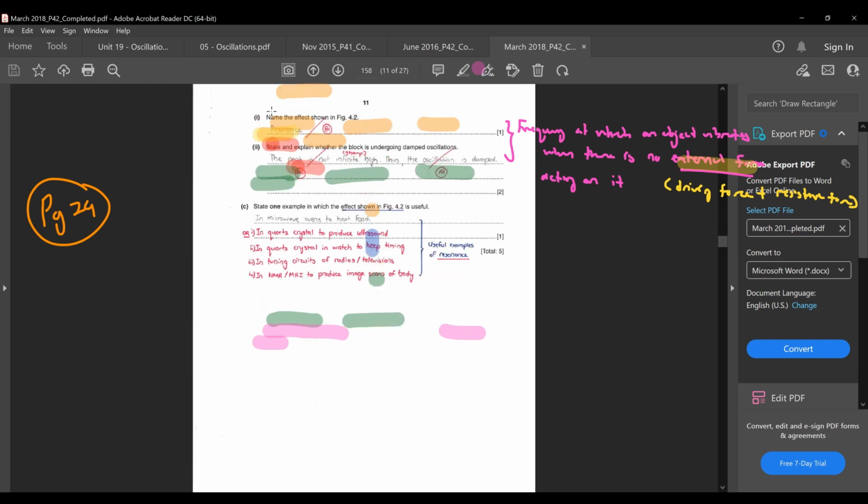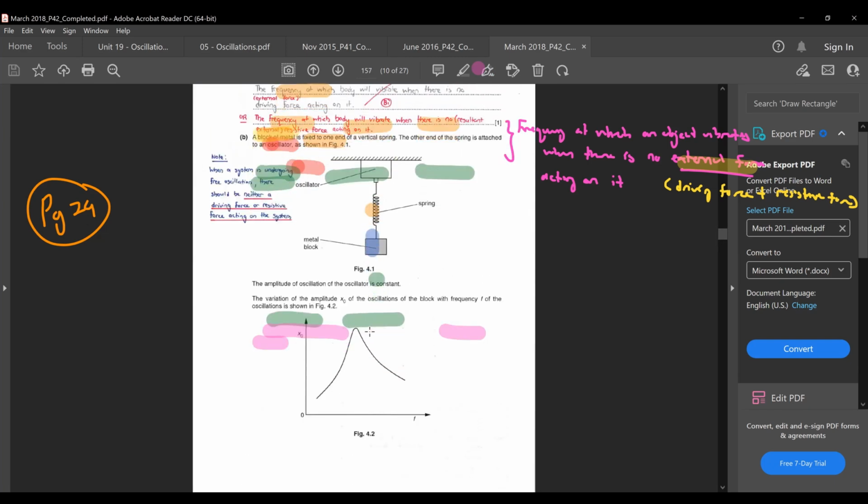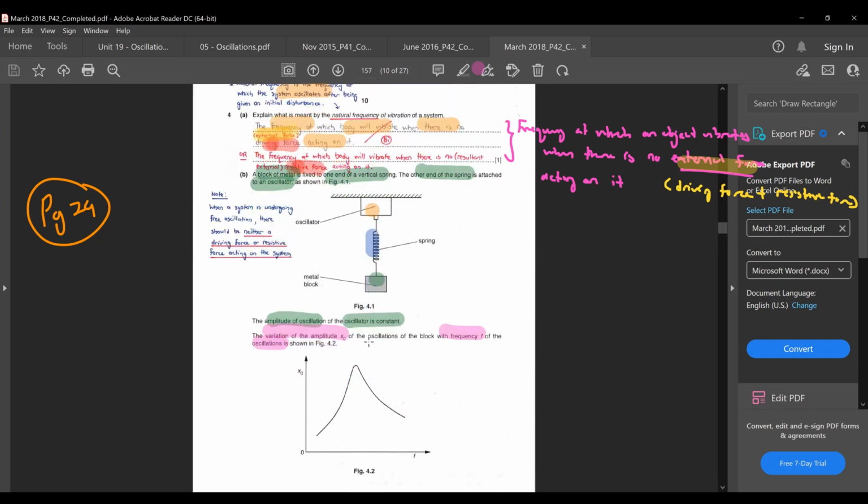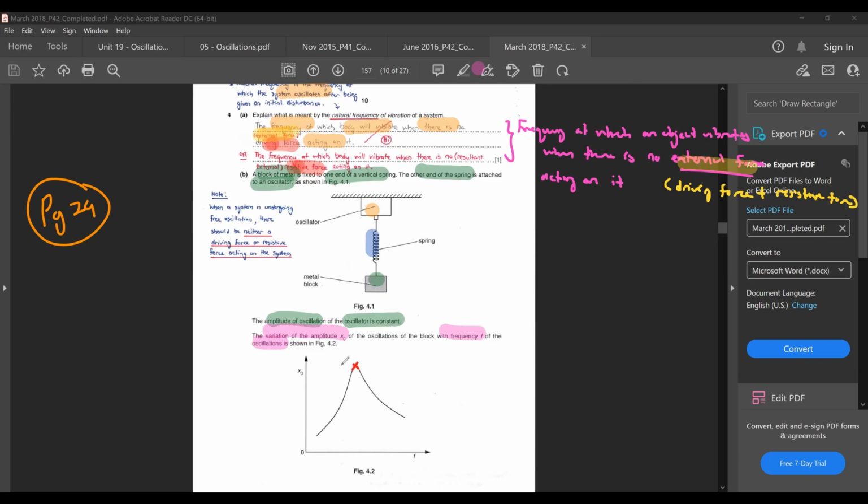All right. Now, name the effect that is shown in figure 4.2. What effect is this graph trying to show you here? It's trying to show you that you reach A max when driving frequency equals natural frequency.